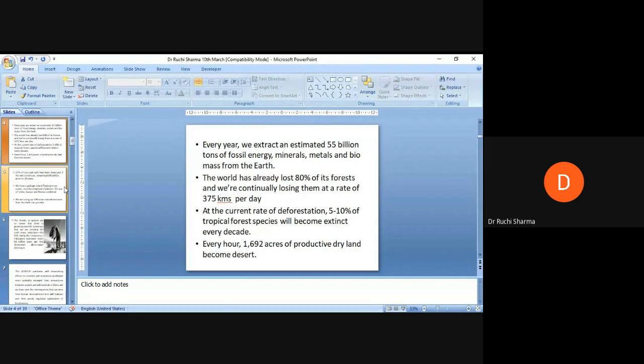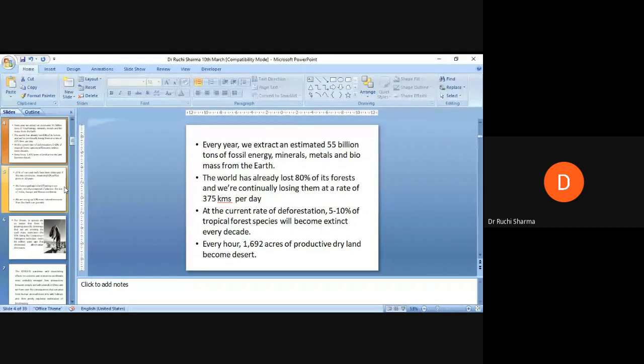Every year, we extract an estimated 55 billion tons of fossil energy, minerals, metals, and biomass from the earth. The world has already lost 80% of its forests, and we are continually losing them at a rate of 375 kilometers per day.